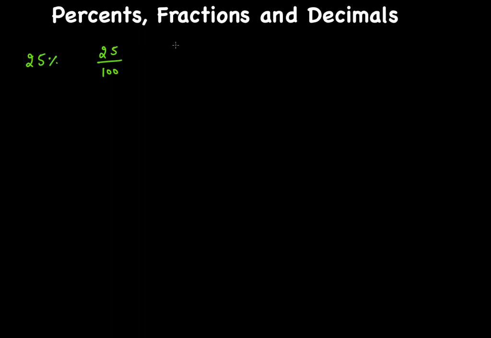Or let's say you got 33%. So it is basically 33 out of 100. And you notice this is a fraction. So basically with percent, we are expressing a fraction where the denominator is 100.